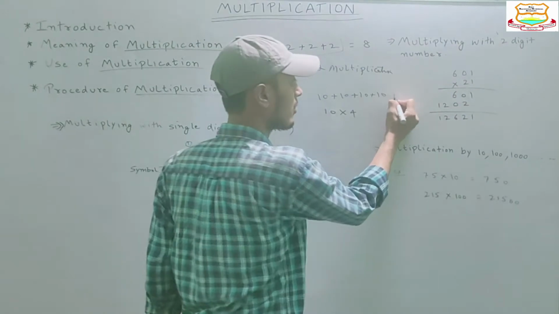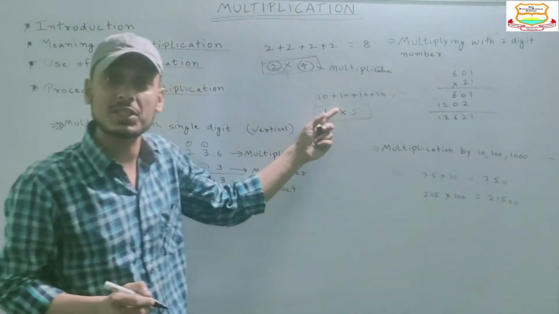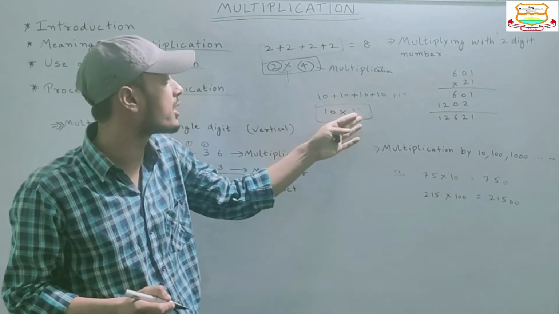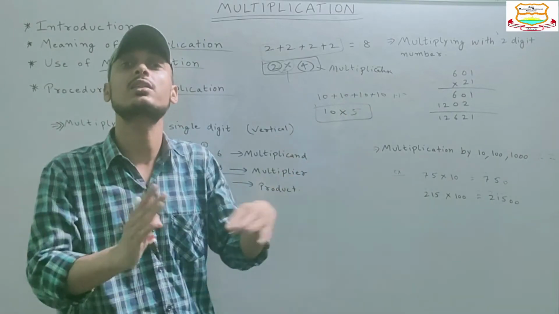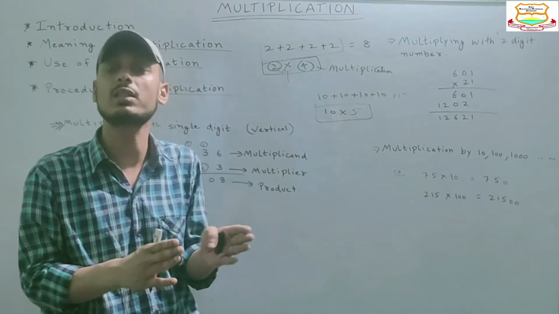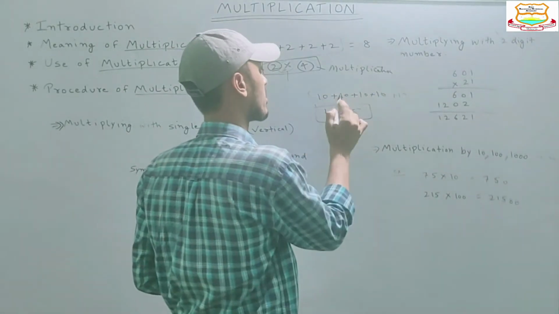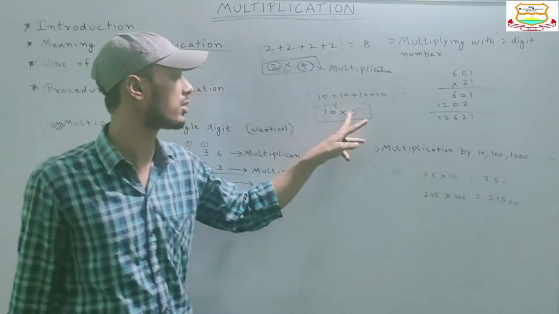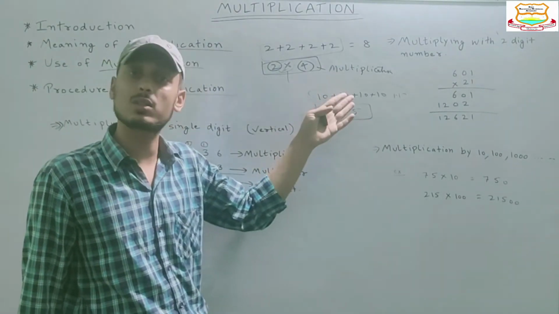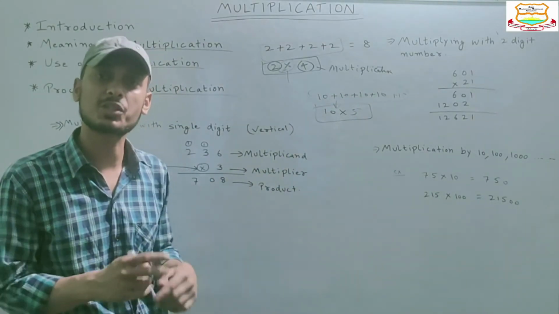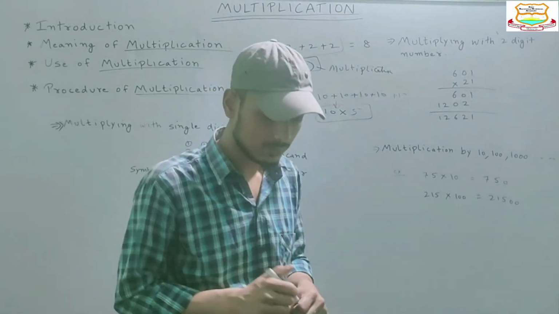Means we can say multiplication is nothing but a different form of addition. It is addition only, but it is a different form. Means indirectly multiplication shows addition of some particular digits.